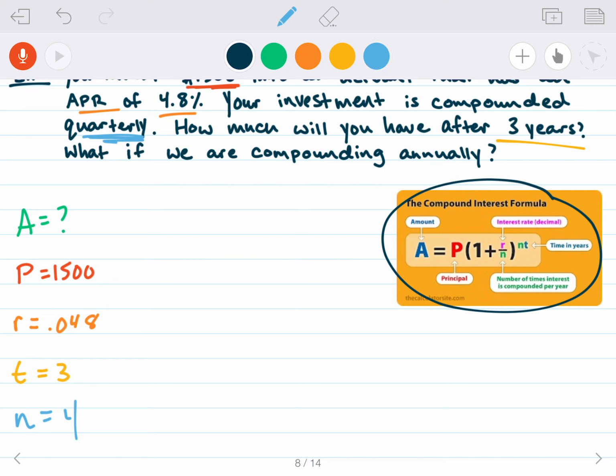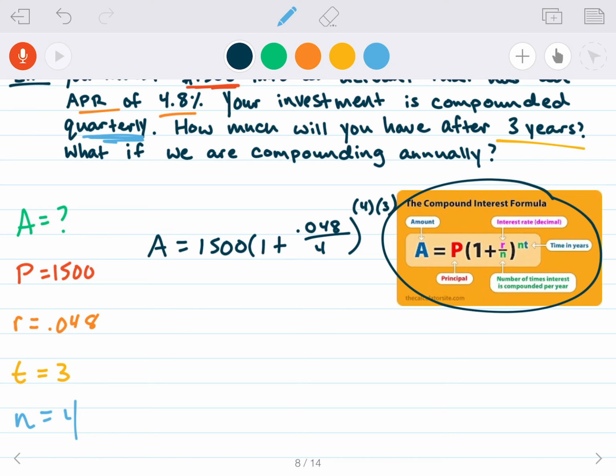Now we plug all of these values into our equation right here. P is equal to 1,500 times 1 plus R, which we found to be 0.048, divided by N, which is 4, all raised to the 4 times 3.